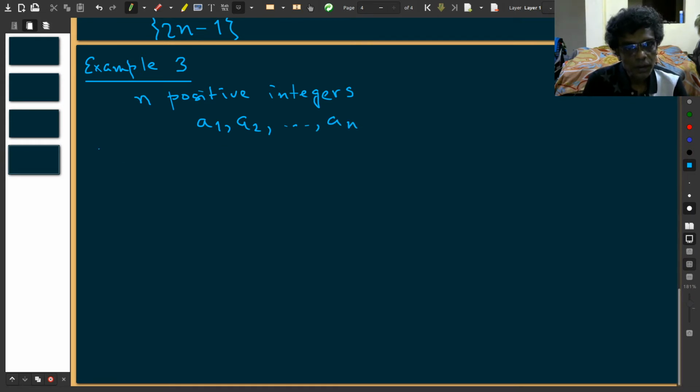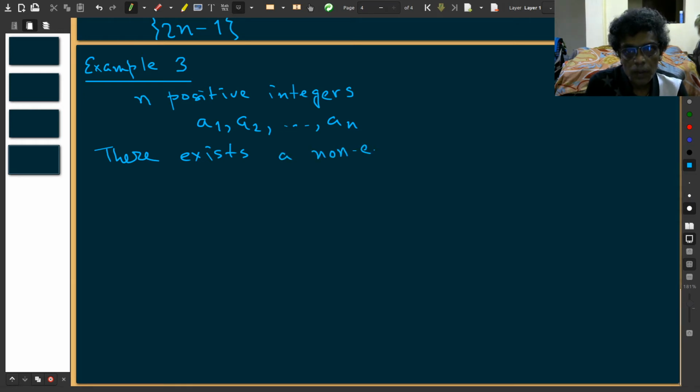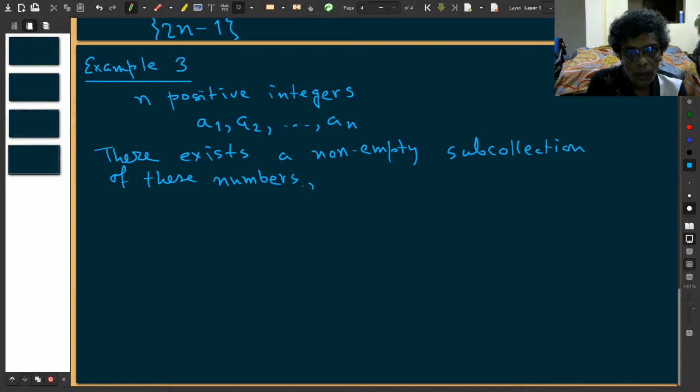Then there exists a non-empty subcollection of these numbers whose sum is divisible by n.